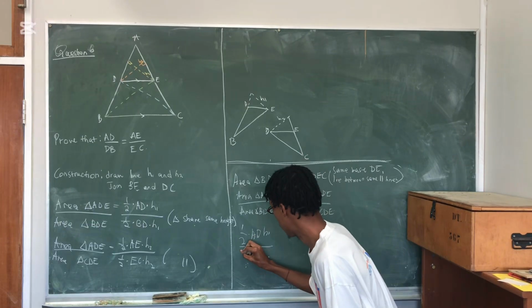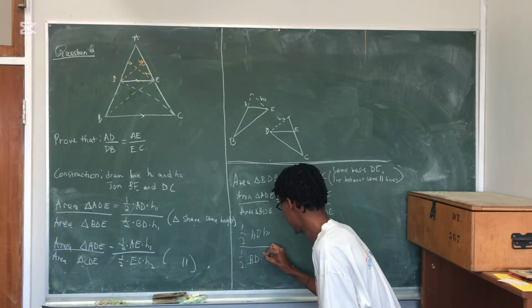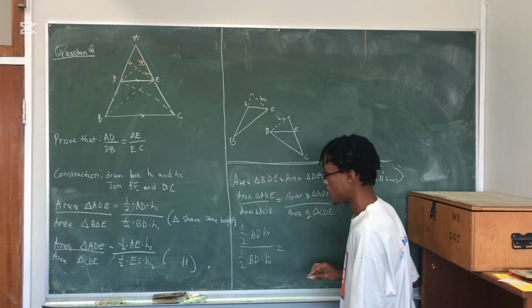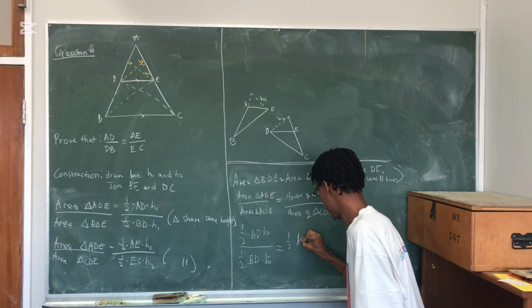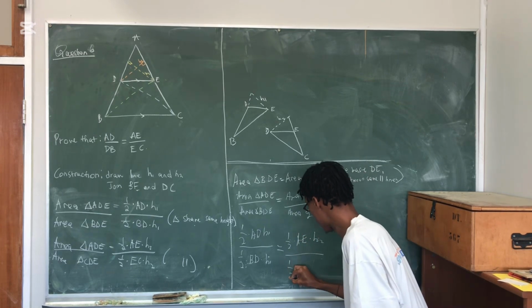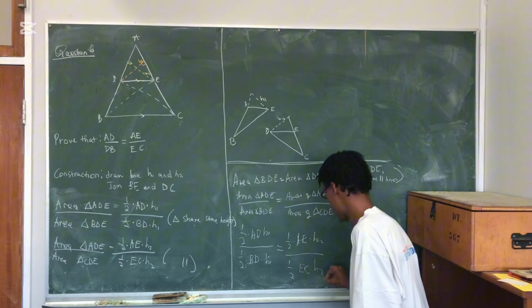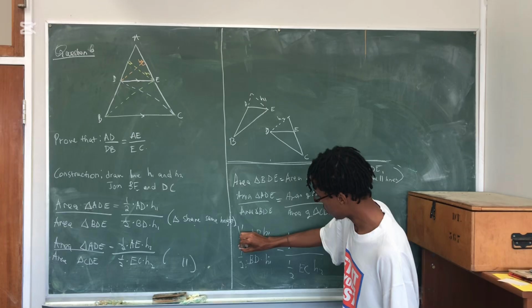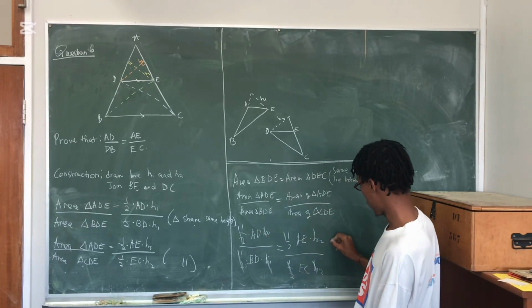Over half AD times H1 is going to be equal to half AD H2 over half BC H2. We have common halves, H1 and H2.